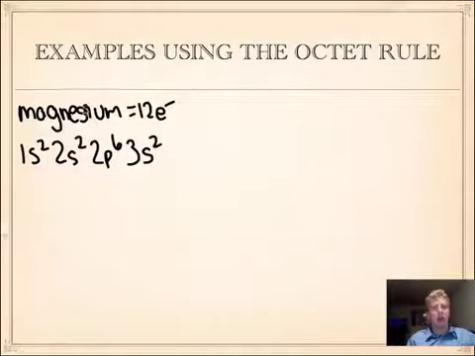And if I counted up all my electrons, 2, 2, 6, and another 2 there, I'd have 12 electrons.